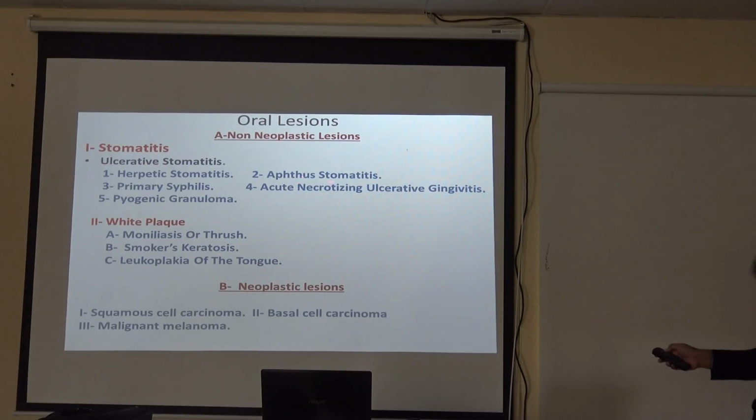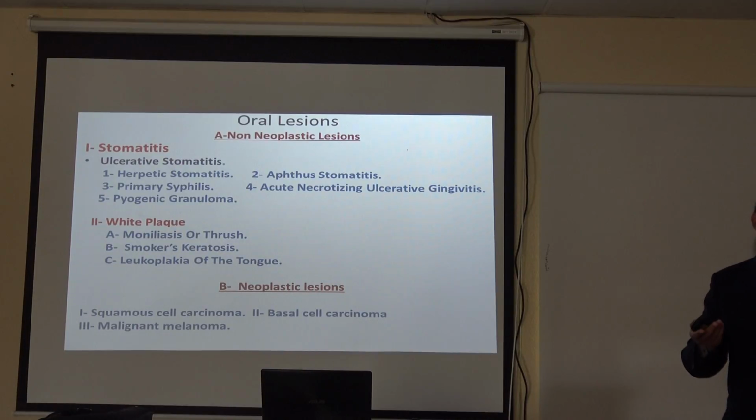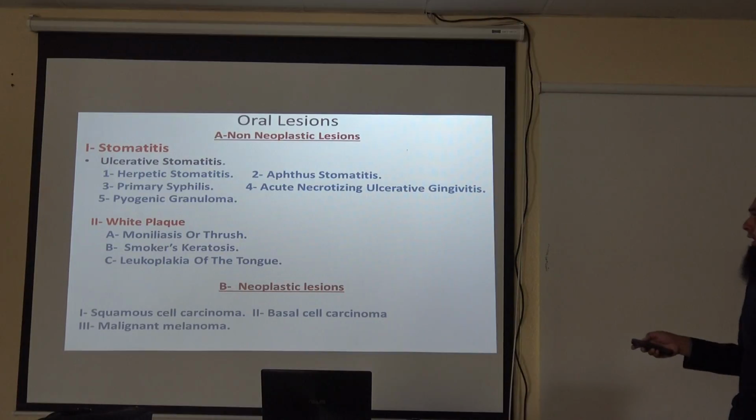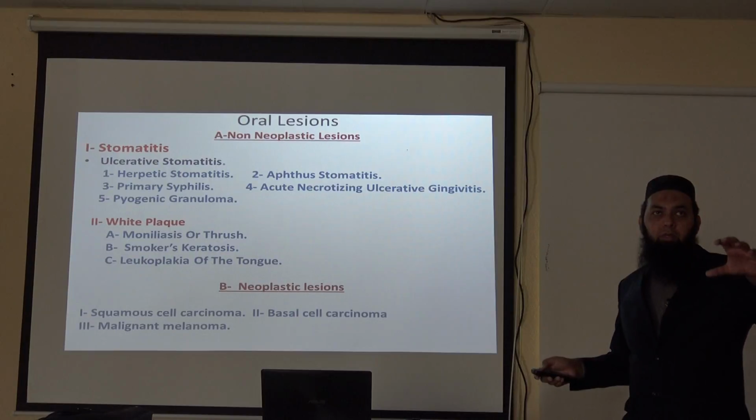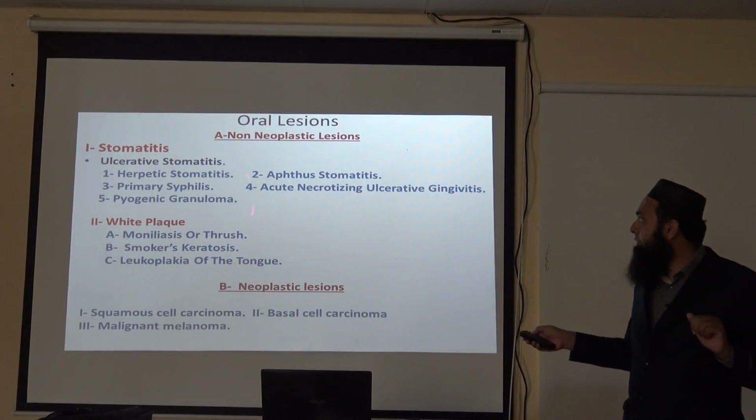Aphthous, most common ulcer. Primary syphilis due to syphilis, and there's a firm lesion. Acute necrotizing, necrosis is going on, in the gingiva, deep into the mouth. And pyogenic granuloma, some swelling is there, very soft swelling filled with blood. So this we have covered.